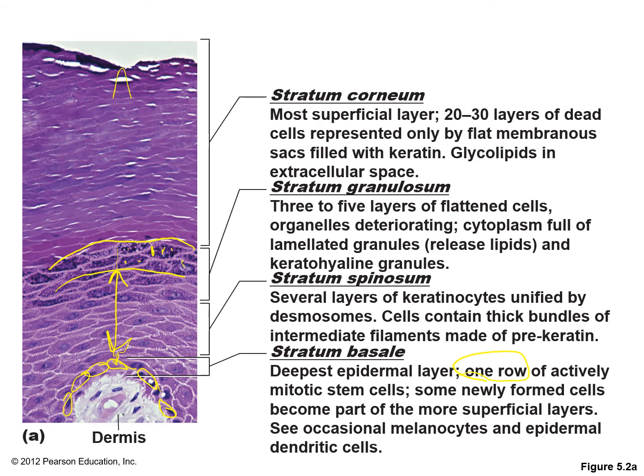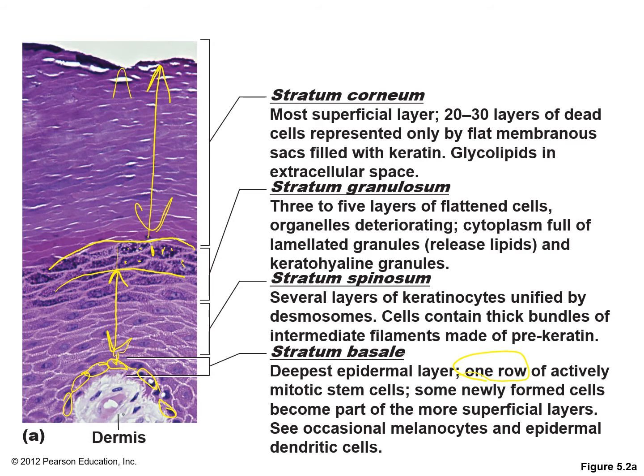It does look very, very granular, right? Because the cytoplasm is full of these granules, and in these granules you will find lipids and keratohyalin granules, so keratin, lipids.